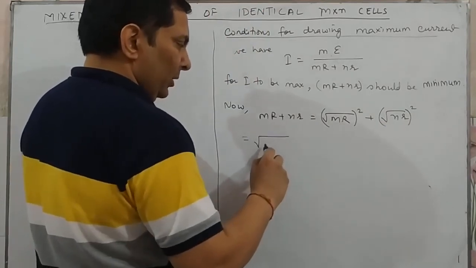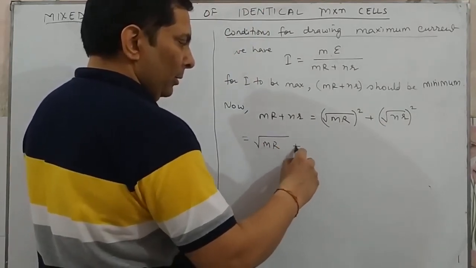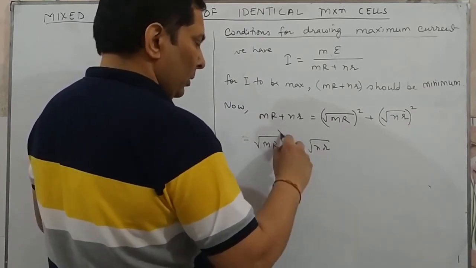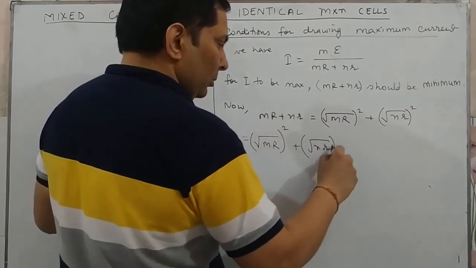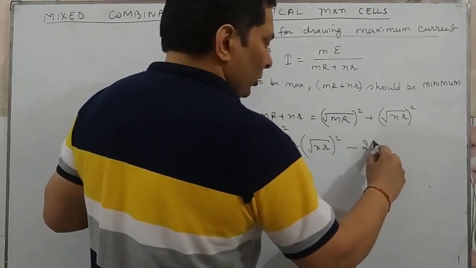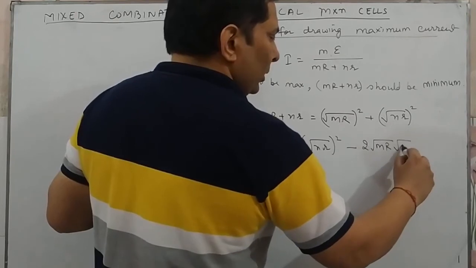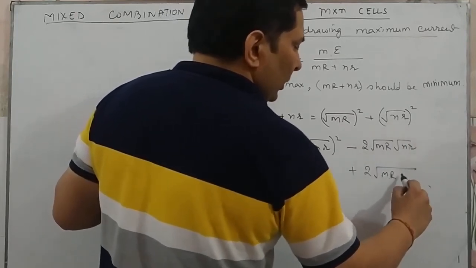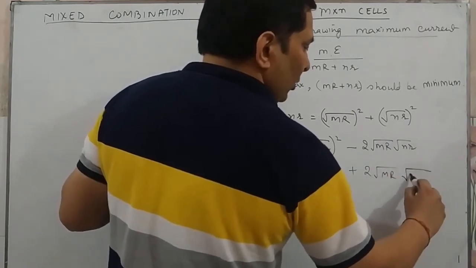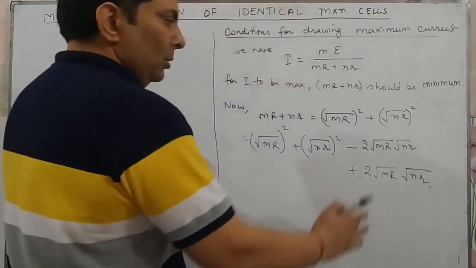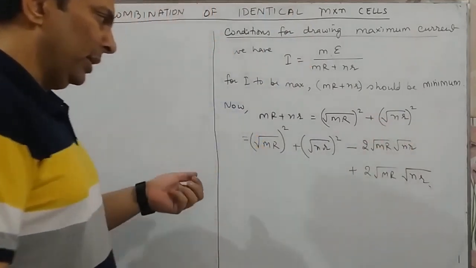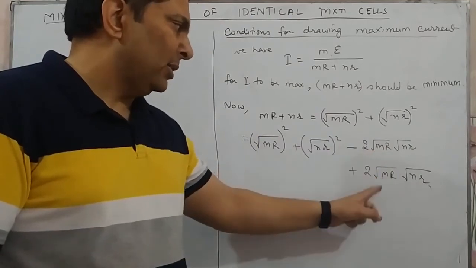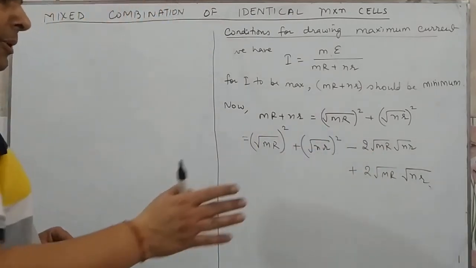This can be further written as root mR minus root nr whole squared plus 2 root mR root nr, because it converts to a squared plus b squared minus 2ab. For that purpose we have added and subtracted this quantity, which will not make much difference.